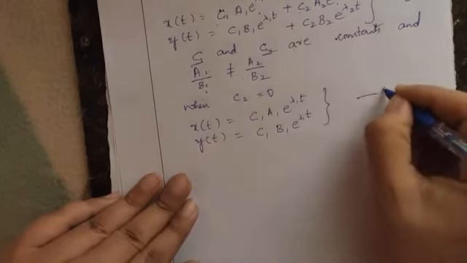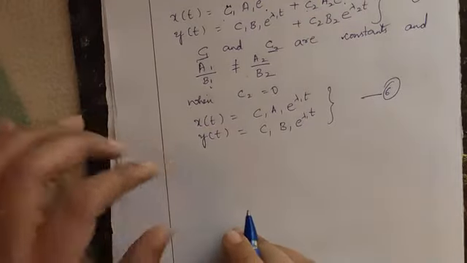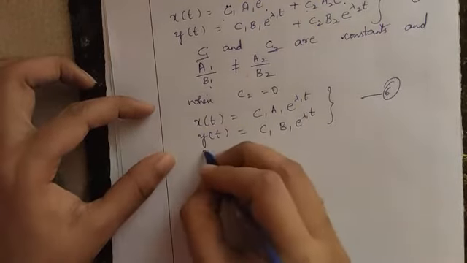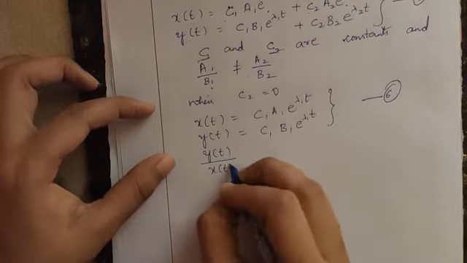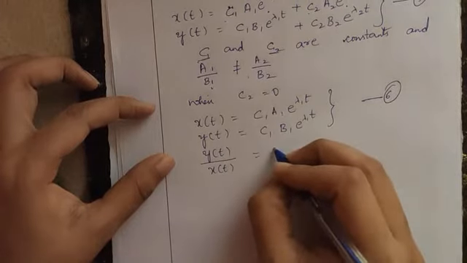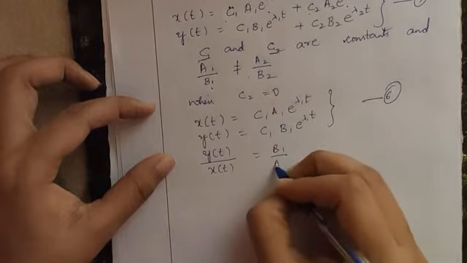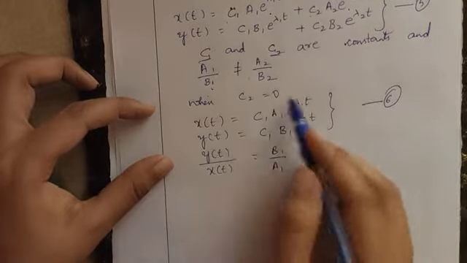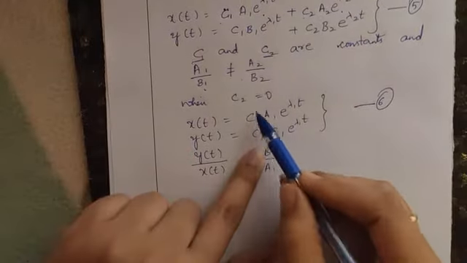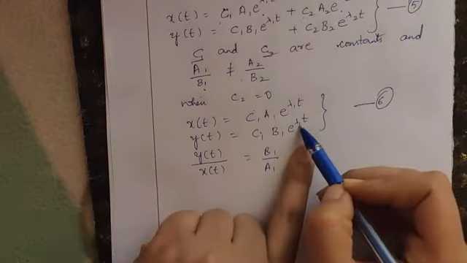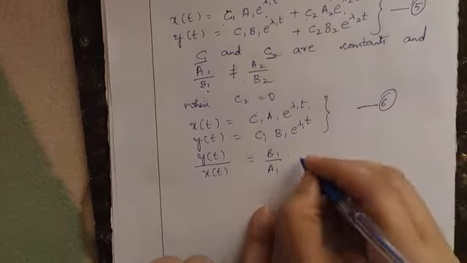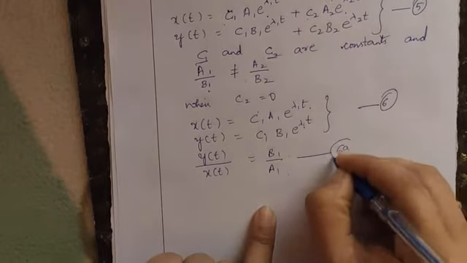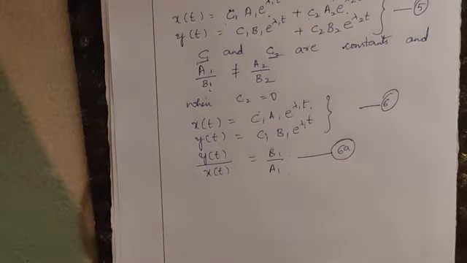I will call this as equation number 6. From this I can write y of t by x of t is equal to b1 by a1. If you take the ratio of these two equations, c1 gets cancelled, e power lambda 1t gets cancelled, you will get b1 by a1. I will call this as equation 6a.